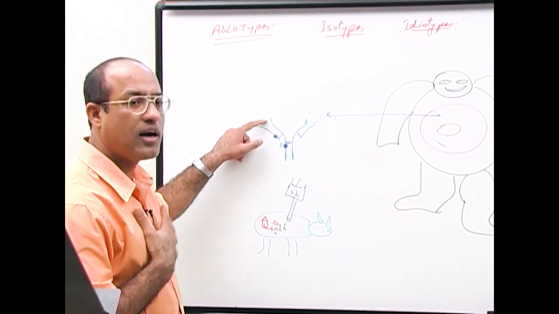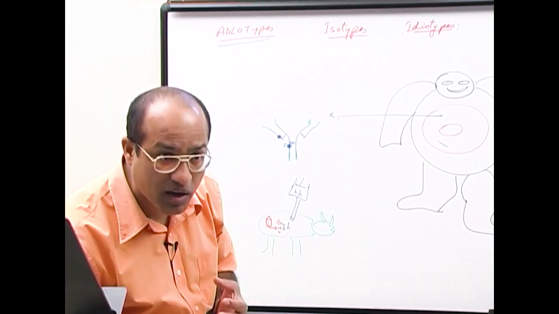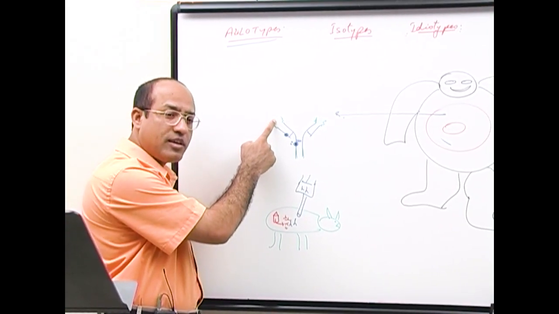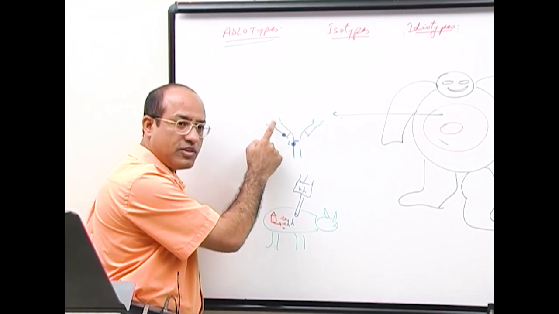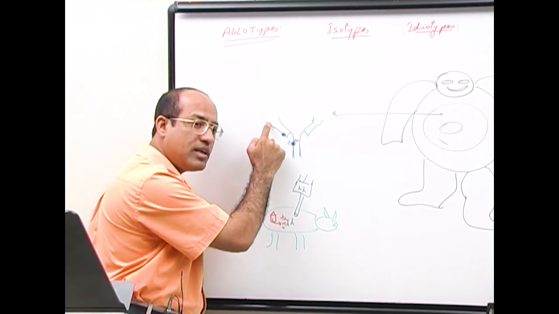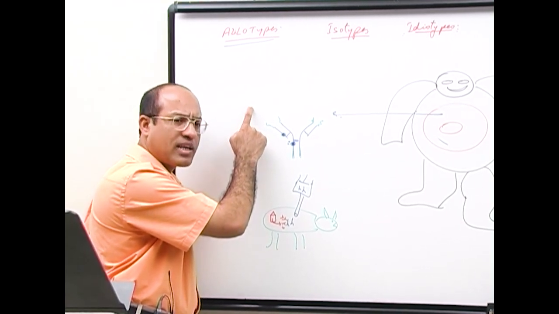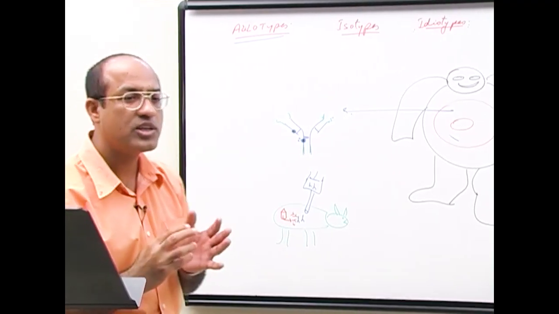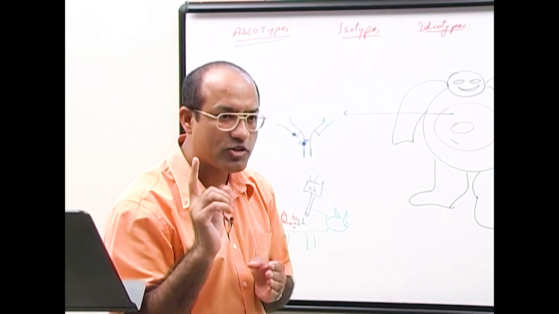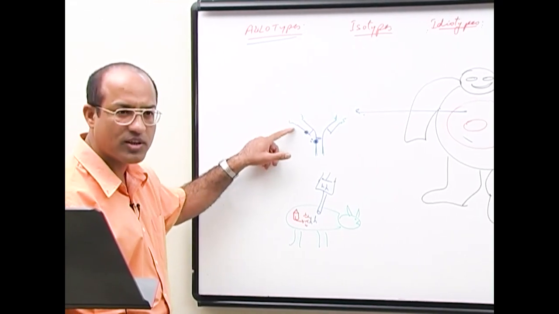Every person has the capacity to make millions of different antibodies directed against different antigens. So the variable regions are so unique that every antibody binds a unique antigen. All the antibodies derived from one clone of B cells are directed against a unique antigen, and all of them will have a unique amino acid sequence here.